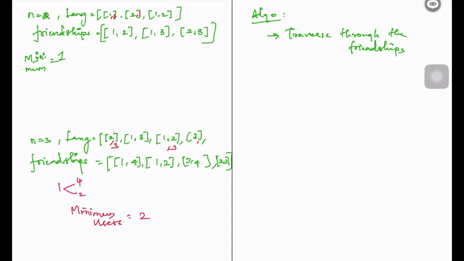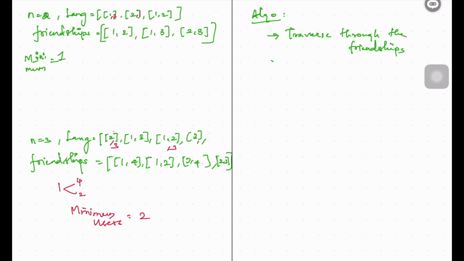So what idea comes to mind? For example, 1 has a friendship with 4, and 1 has a friendship with 2. If they can't communicate, you add them in a set.